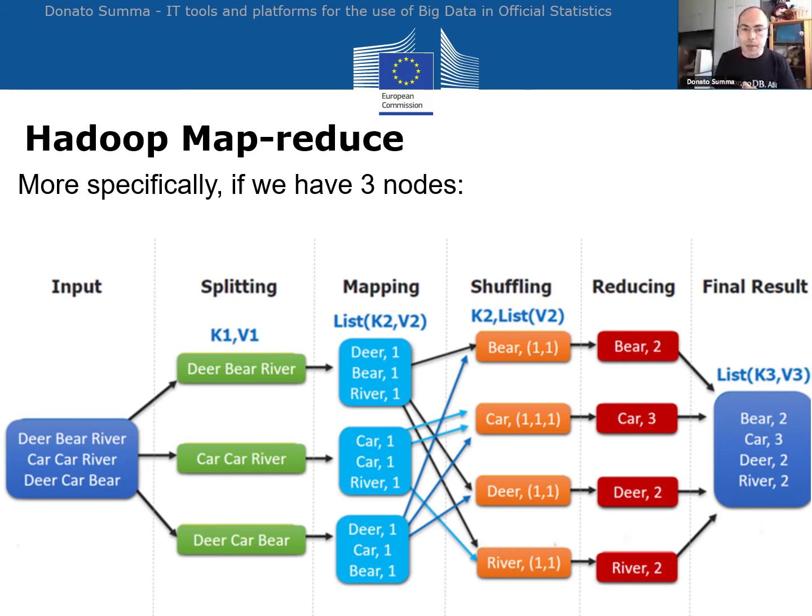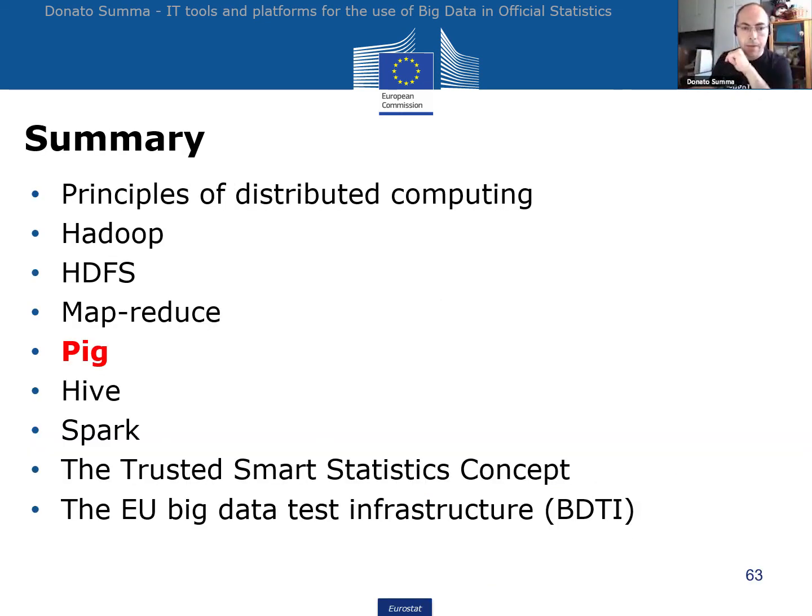It's not really so important at the moment to explain all the details of the different phases, because my objective is to provide you a general idea of what is going on and what are the main phases of the process. So I think that we can more or less skip this slide and start talking about Pig.